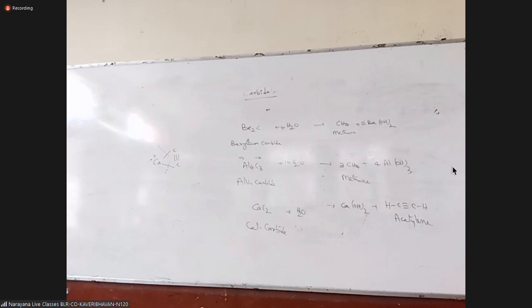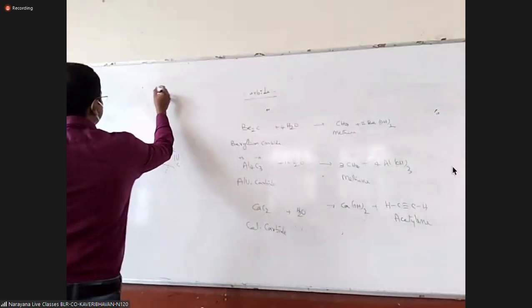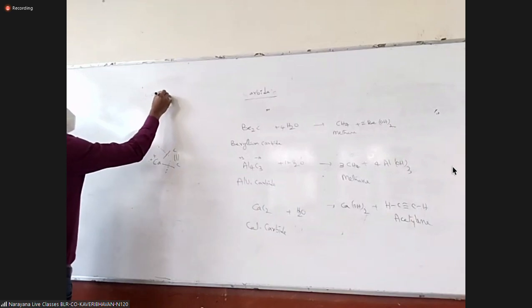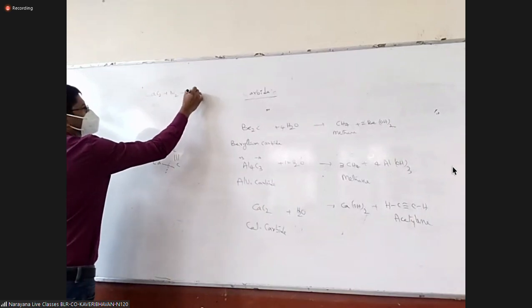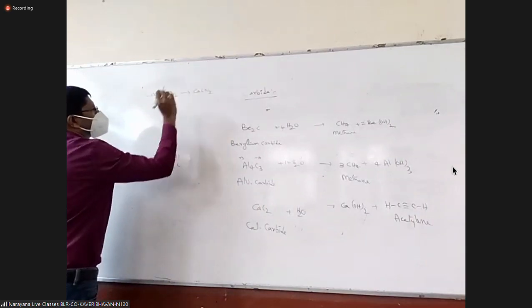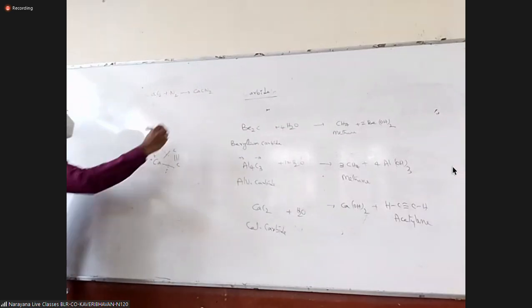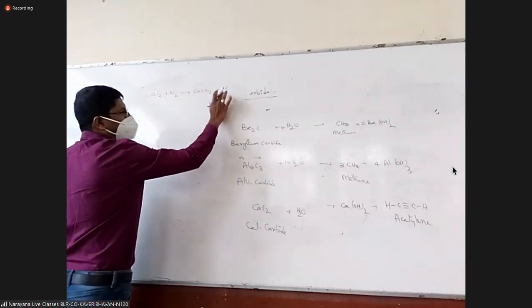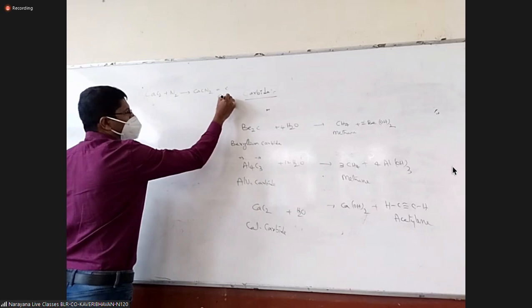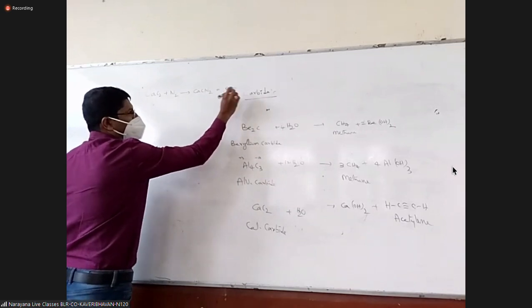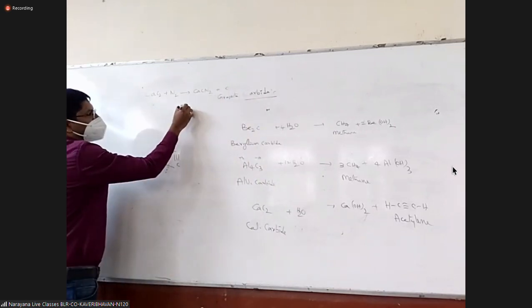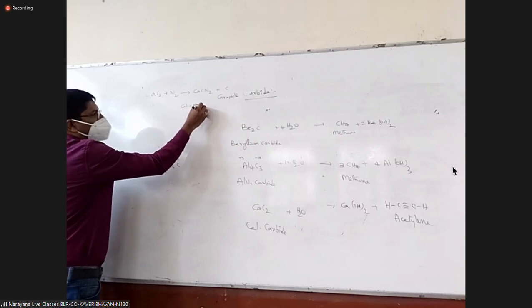Next, calcium carbide with nitrogen. Very important. Calcium carbide with nitrogen gives calcium cyanamide. CaC2 plus N2 gives CaCN2 plus C. This carbon that is formed will be in the graphite allotropic form. This is called calcium cyanamide.